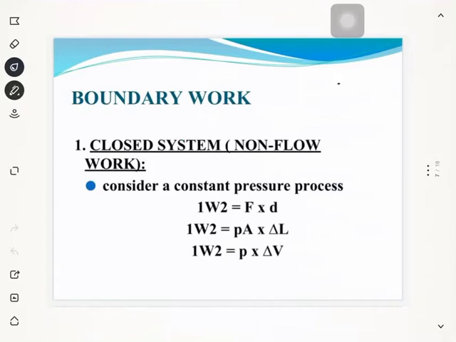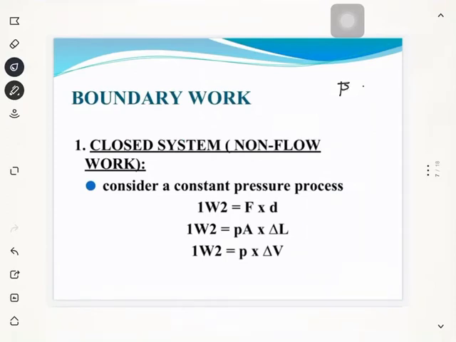Considering a constant pressure or isobaric process, for the non-flow work, the work from 1 to 2 is equivalent to force times the displacement.